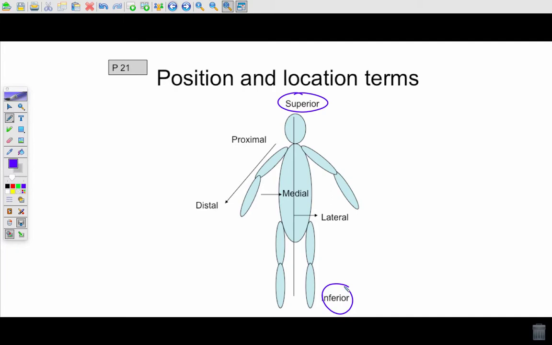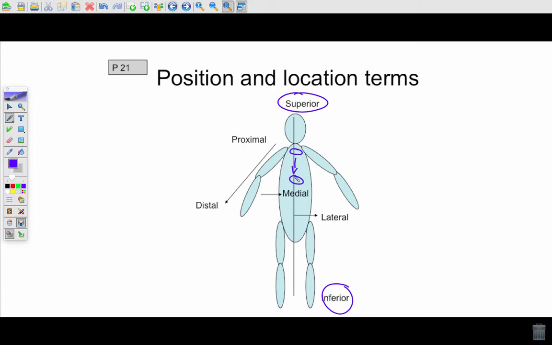So the most superior part of your body is going to be your head, and the most inferior would be your feet. But we can also have a superior and inferior part of your thorax. So we have superior and inferior like that.